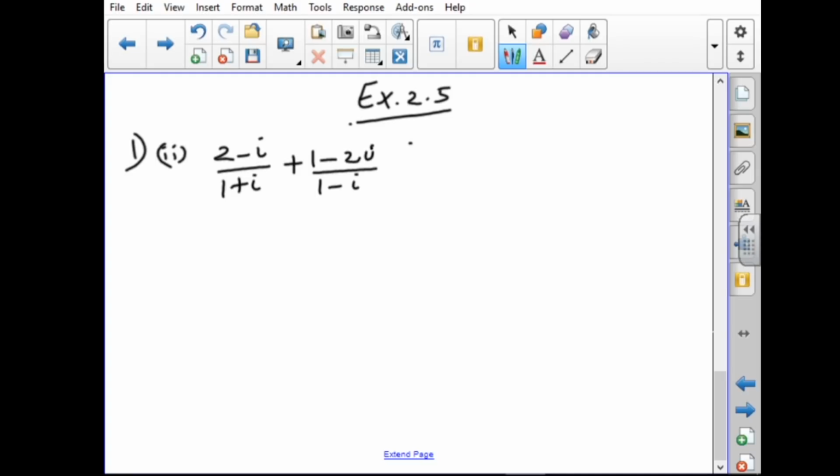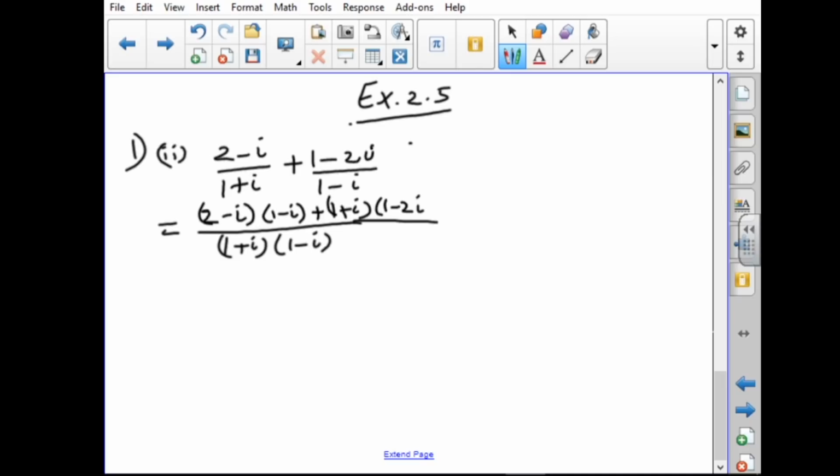So first we'll take the LCM. The LCM is (1 plus i) into (1 minus i), and so we cross multiply here. So (2 minus i) into (1 minus i) plus (1 plus i) into (1 minus 2i). What about the denominator?